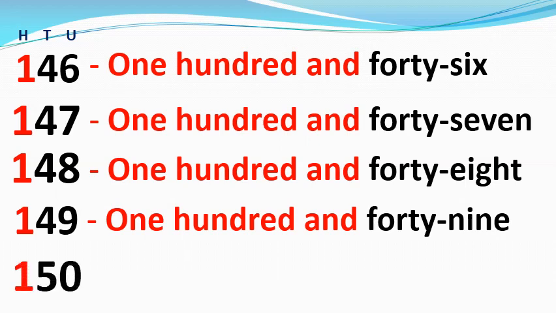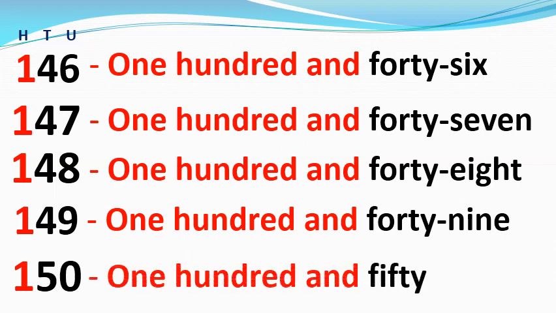After 149, the next number after 49 is 50. Similarly, the number after 149 is 150, that is written as 150. So children, now I hope it's clear to you how to write the number names starting from 101 to 150.